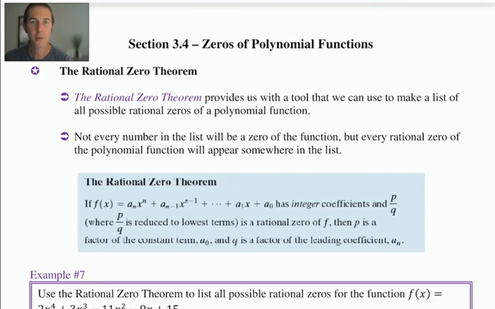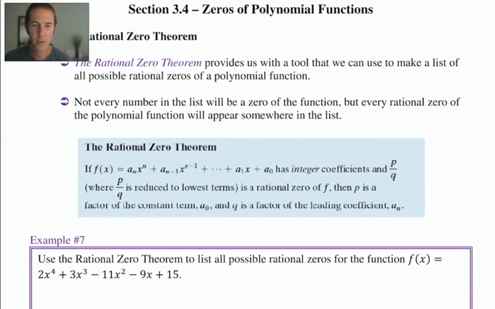So they are considered irrational numbers as opposed to rational numbers. So the rational zero theorem is going to help us find zeros of a function or potential zeros of a function, and the numbers that are returned to us by the rational zero theorem will be rational numbers. And now you've been reminded what rational numbers are.